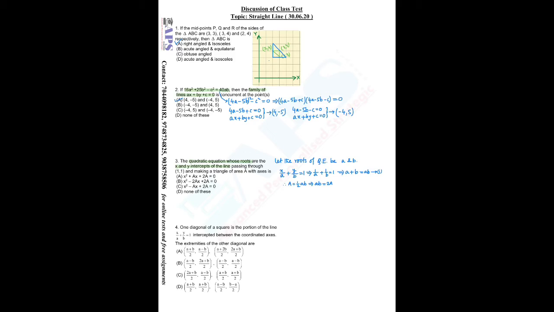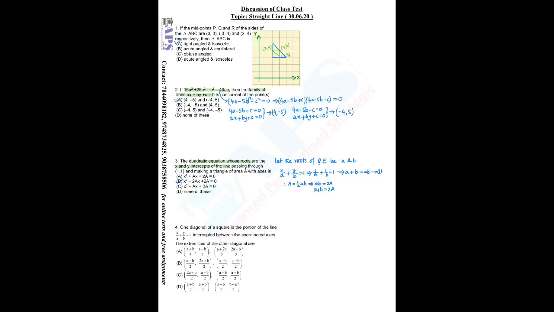Also from equation 1, we can say a plus b is also 2A. Therefore our quadratic equation will become x square minus 2Ax plus 2A. That is option B.